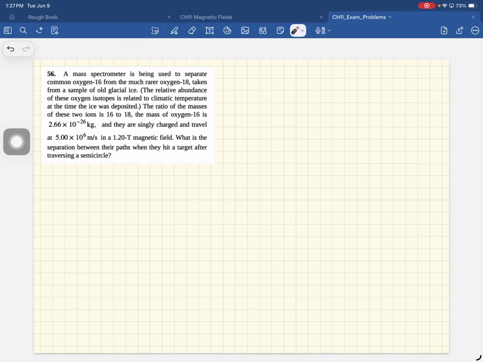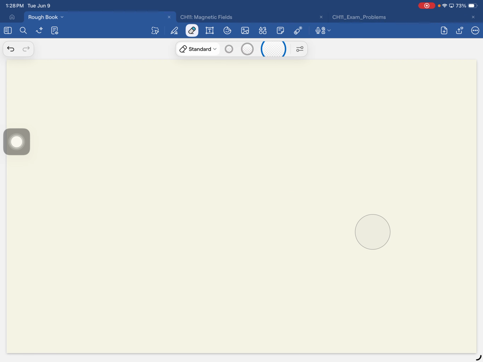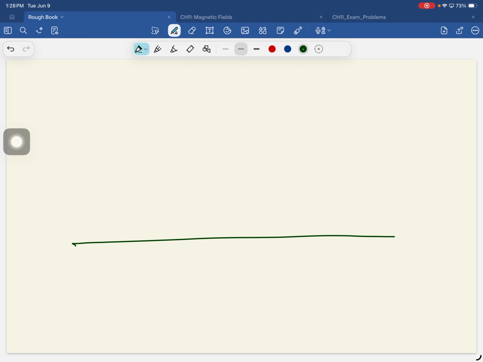So the radius of the oxygen orbit is about 1.4 meters. So it's going in a circle like that, oxygen 16.